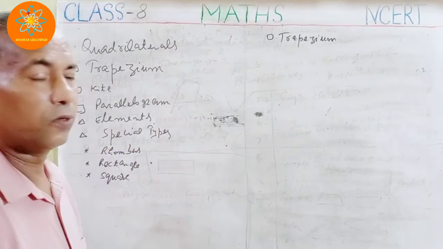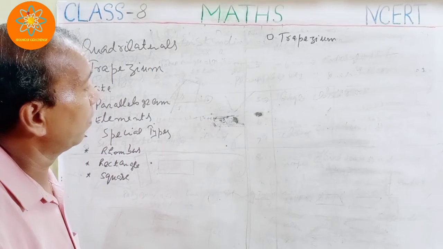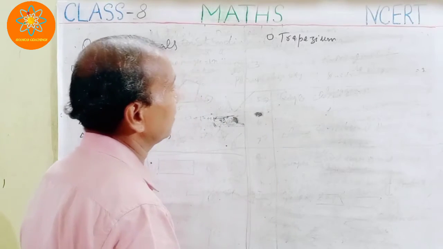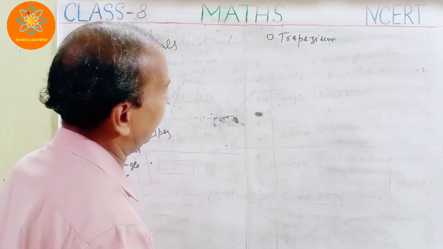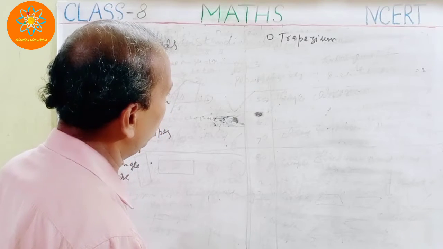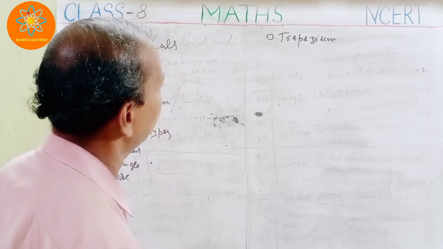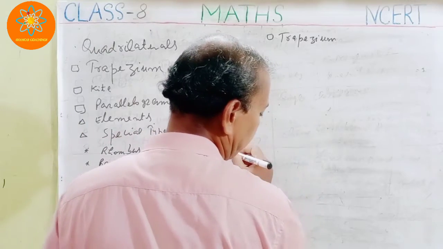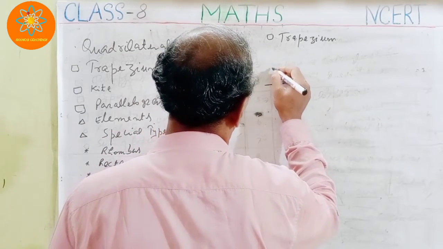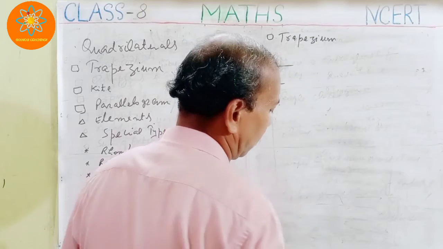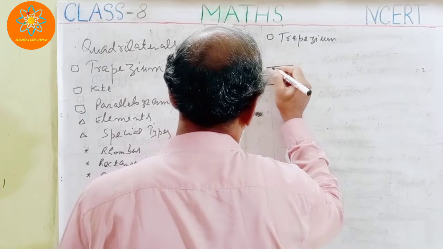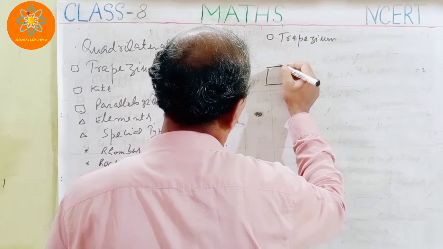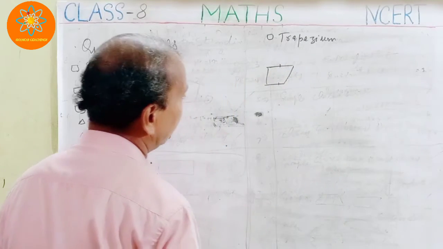Trapezium. So in the trapezium, one pair of sides is parallel. I am giving a few examples of the trapezium. See, like this. This is a trapezium, because these two sides are parallel.